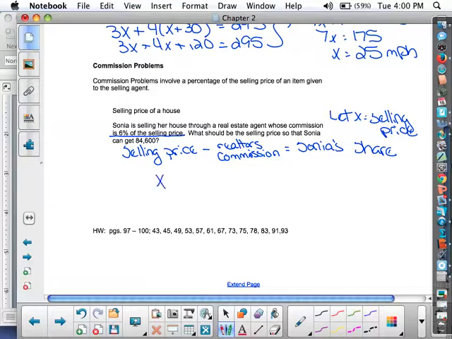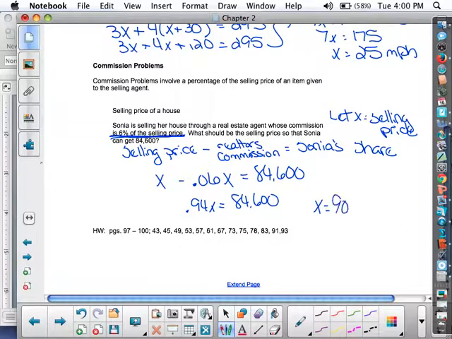Remember, the commission is 6% of the selling price. So 6% is 0.06. The selling price is x. And that will equal Sonia's share, which is $84,600. When you combine like terms, you get 0.94x is equal to 84,600. Divide by 0.94, and the selling price, x, is $90,000.